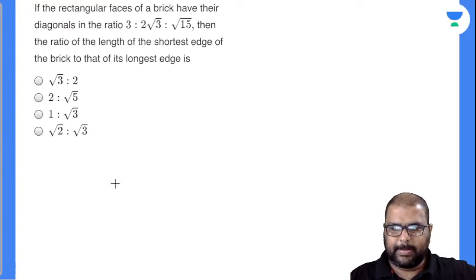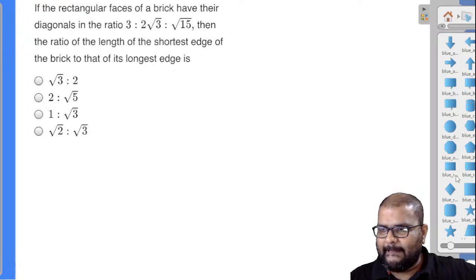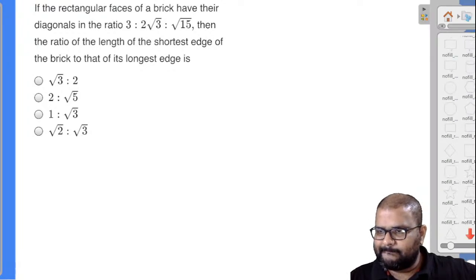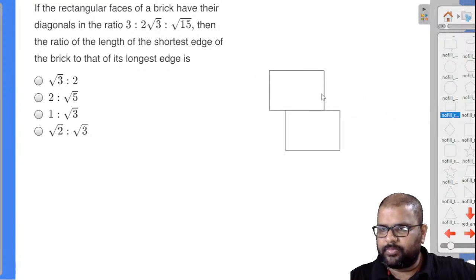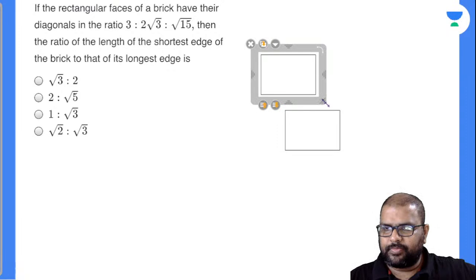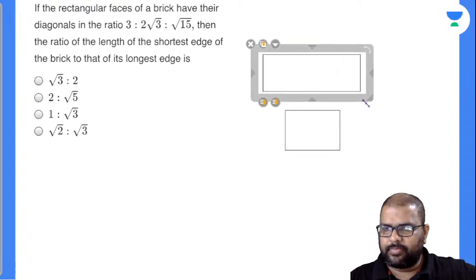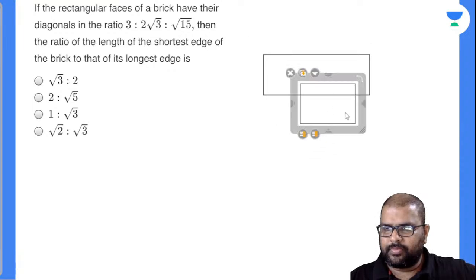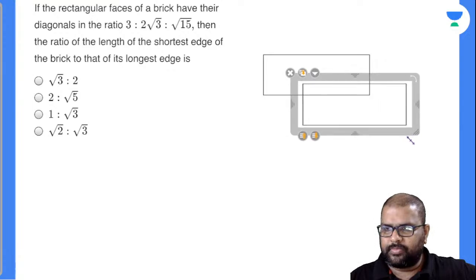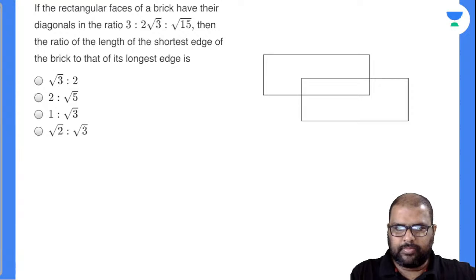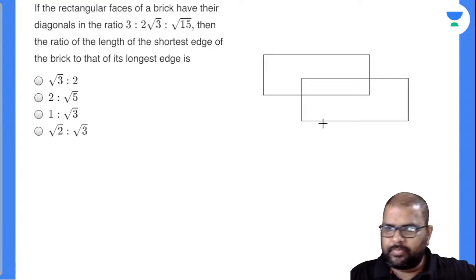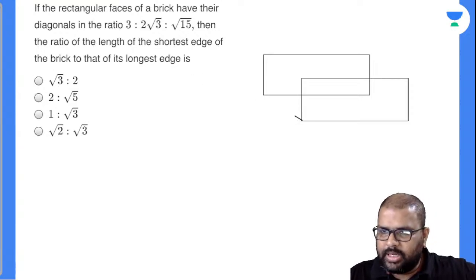I'll draw like this. So this is the rectangular brick.